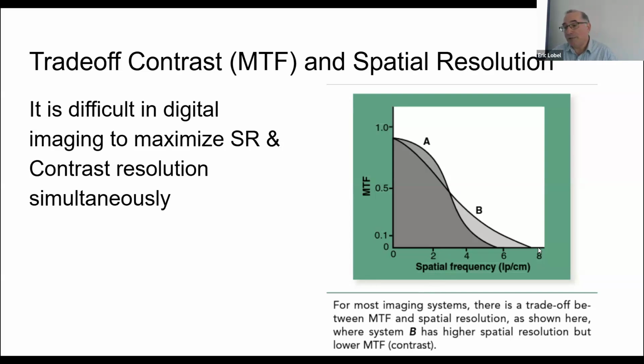B extends all the way this way. But you can see curve A, if you follow it, has a higher MTF. So it's very hard to get the greatest number of line pairs and simultaneously get the highest MTF level.